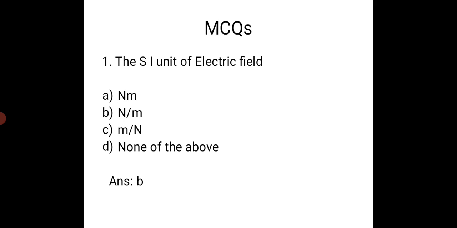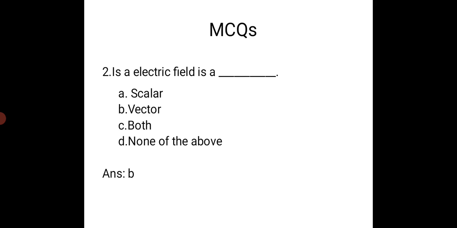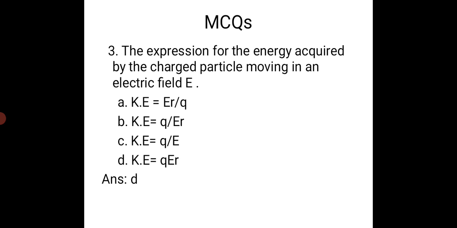By the knowledge of this session, you can answer questions like: the SI unit of electric field, which is Newton per Coulomb. The electric field, whether it is a scalar or vector, it is a vector. The expression for the energy acquired by the charged particle moving in an electric field E is qEr.